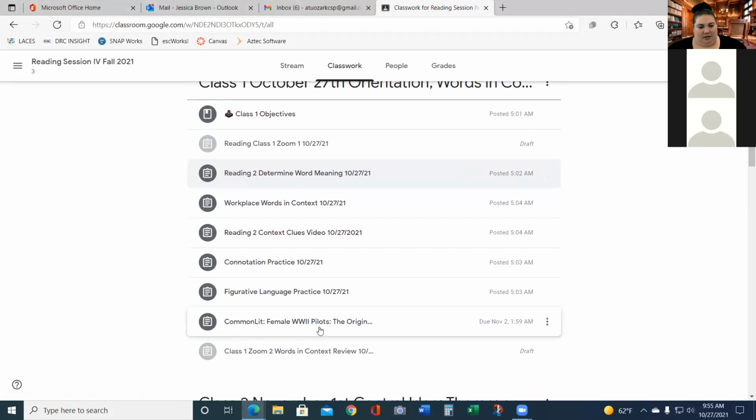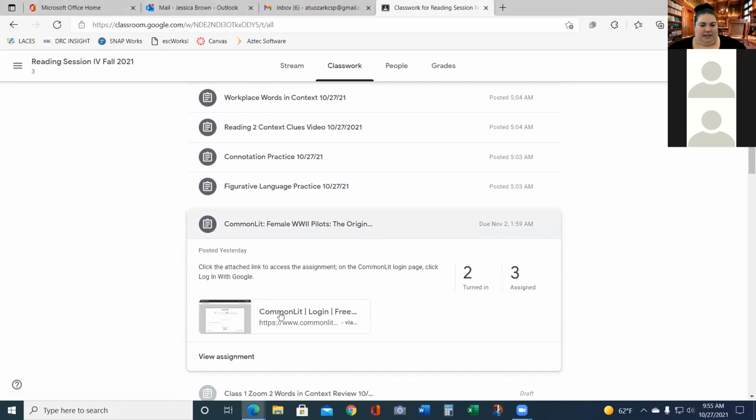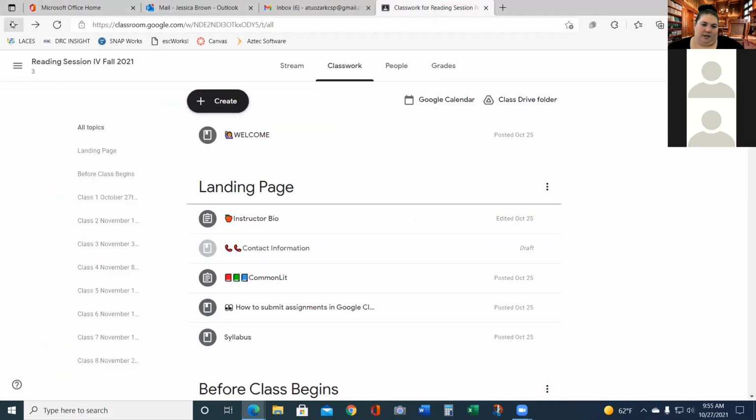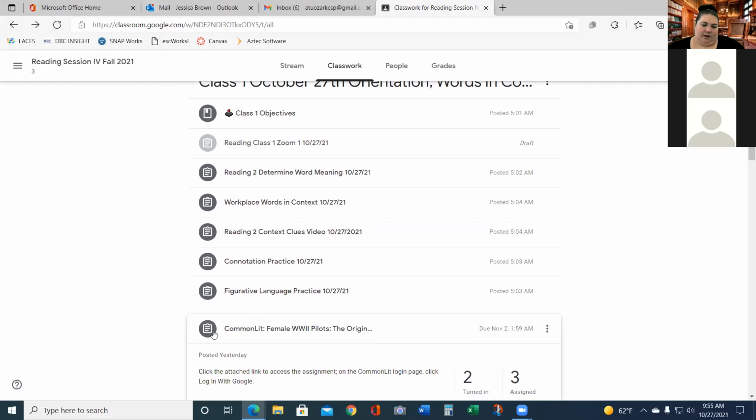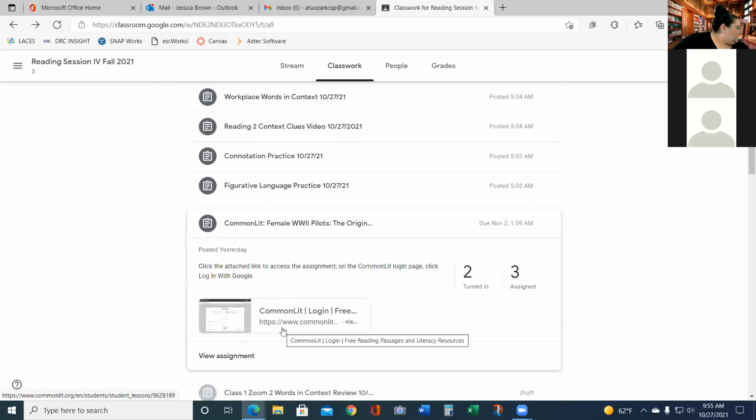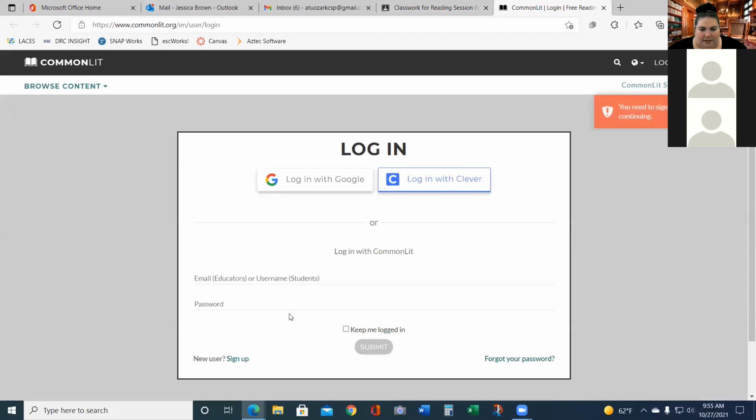Okay, if you look down here, there is CommonLit. And the easiest way is if you click on View Assignment. Oh, I'm sorry, it's going to give me a different view. Let me back up here, and my phone is just going crazy. So give me a sec. Okay. If you click on the CommonLit assignment, you're going to get a page that looks something like this. I would go up here to sign up.